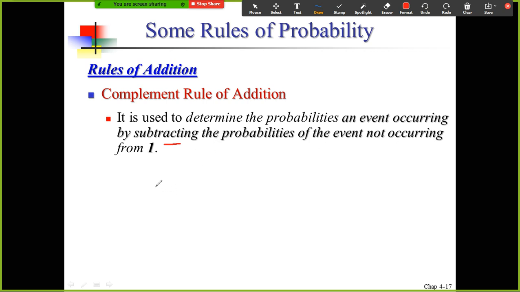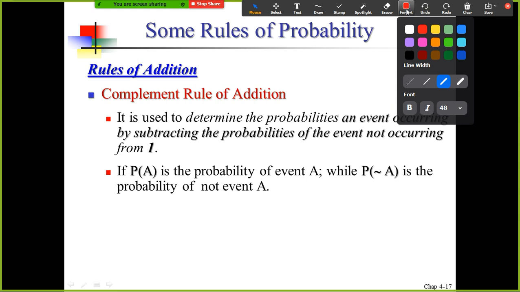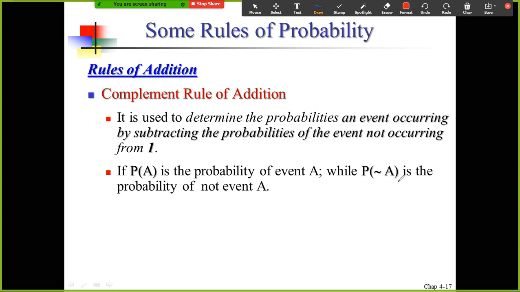So normally we have the probability that an event occurs and the probability that it does not occur. That's why the probability of occurring plus the probability of not occurring must equal 100%, the whole probability, 1.